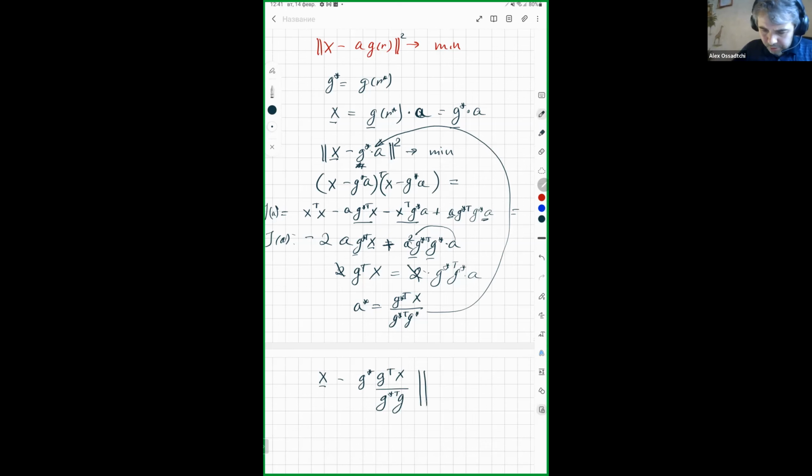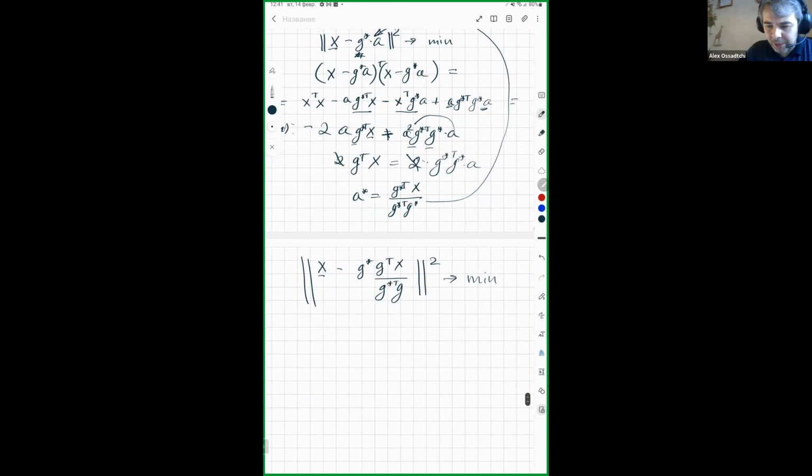And then this is the norm of this guy, which we want to minimize. The good thing about it is that we haven't solved the problem yet, but we got rid of A. We assume that we know G, and once we know G, then A will be computed this way, and we simply substitute it. Because everything is very simple and linear, we were able to find the closed form solution for A star. Okay, so we can rewrite this way.